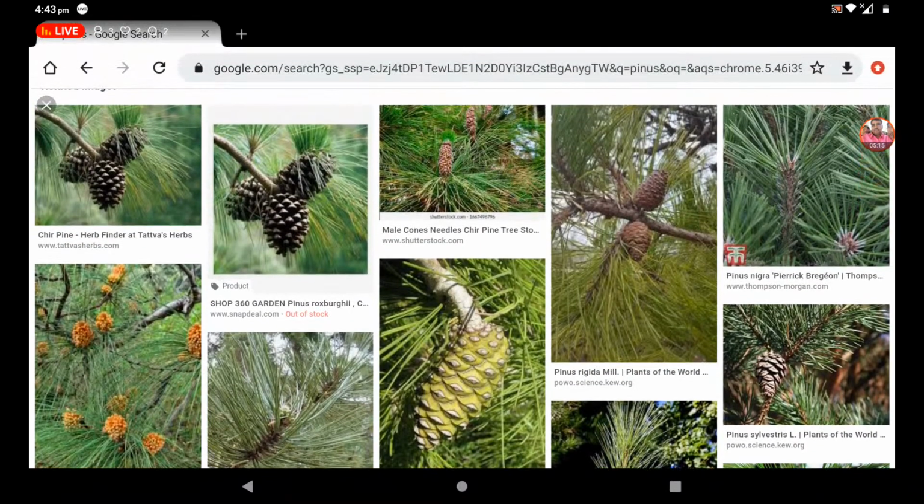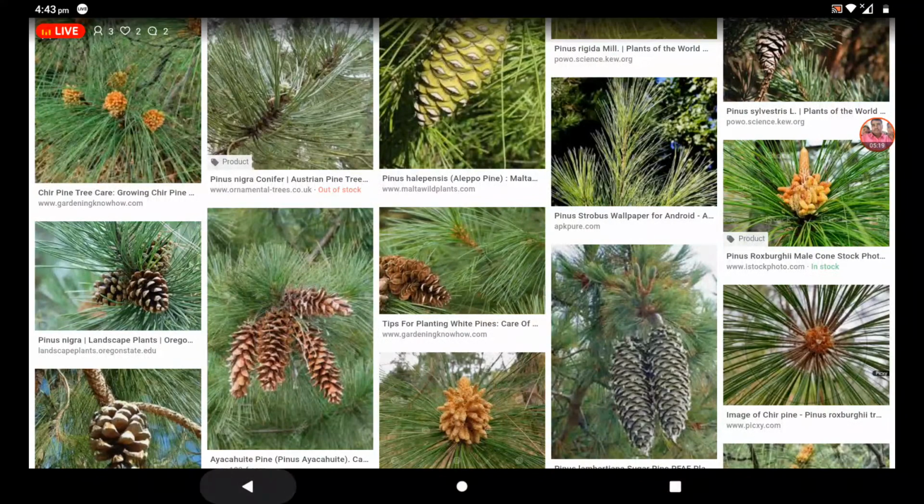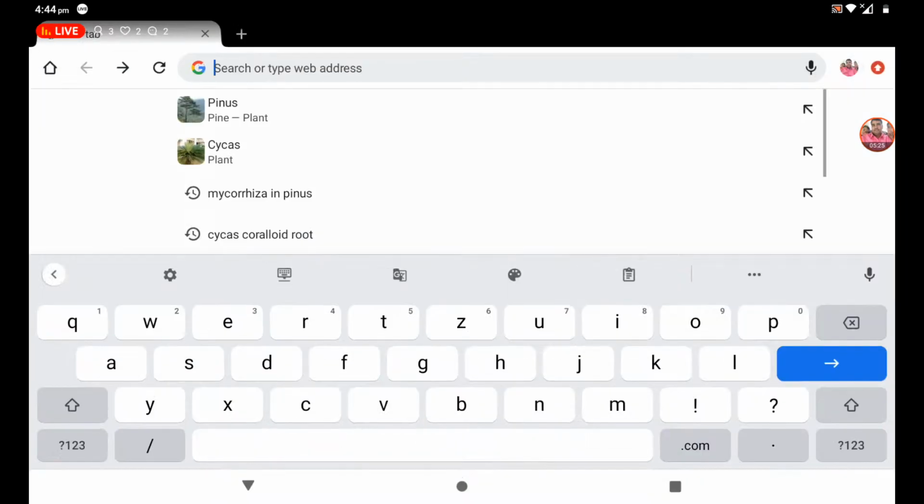If you take others, the cedrus plant is also there, one more. Here we also find a cone-like formation.